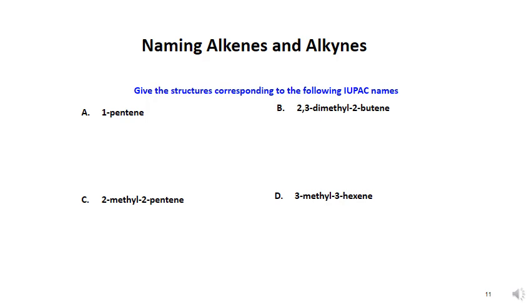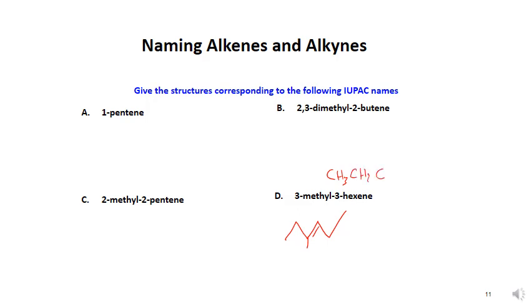So let's run this through again real fast. 3-methyl, 3-hexene. 1, 2, 3, 4, 5, 6. 1, 2, 3, 3. All right, so that's the formula. The line structure: we start with a CH3, then a CH2.